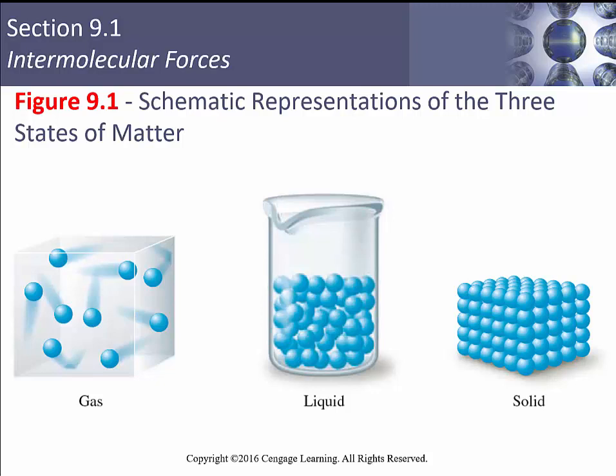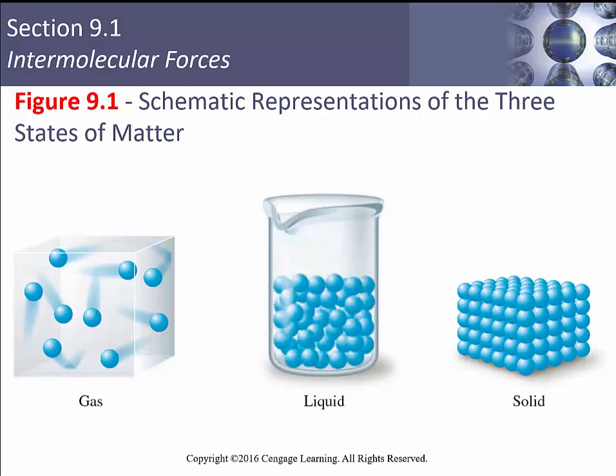So in our three states of matter, we've got a gas where molecules are spread out, they're fast moving. We can treat a gas as being mostly empty space with no real contact between molecules. That's one of our assumptions from the ideal gas law. A liquid is our first condensed state of matter. A liquid is free to form the shape of its container, but the volume is conserved.